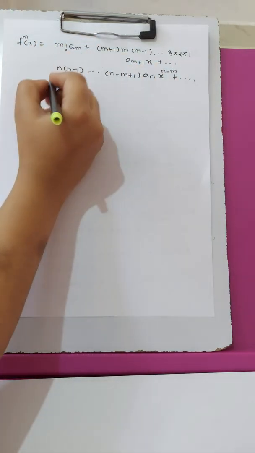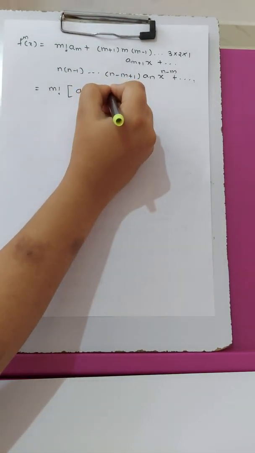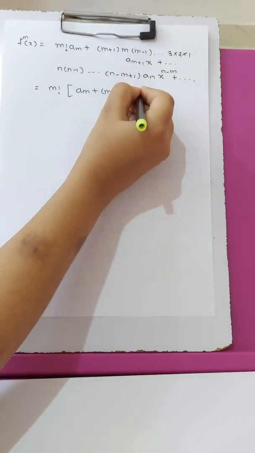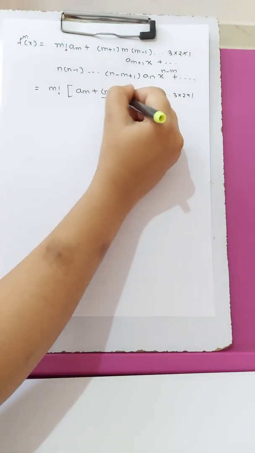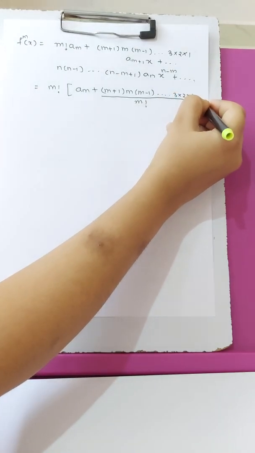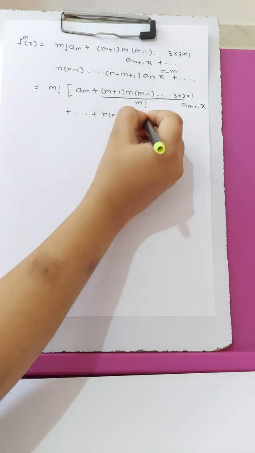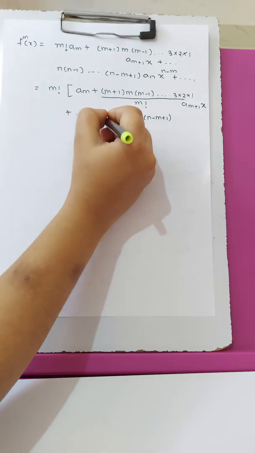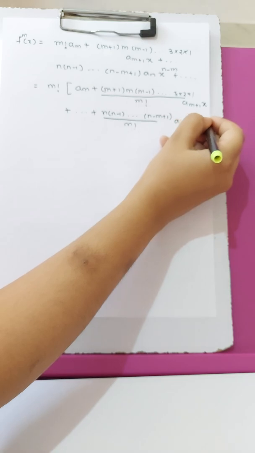If we take m factorial common from all this expression, we get m factorial am plus m plus 1 m minus 1 and so on, 3 into 2 into 1 upon m factorial a m plus 1 x plus and so on, n minus 1 and so on, n minus m plus 1 upon m factorial an x to the power n minus 1 plus and so on.